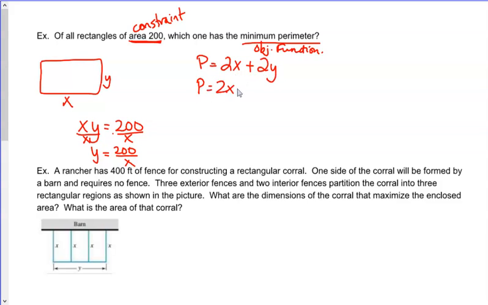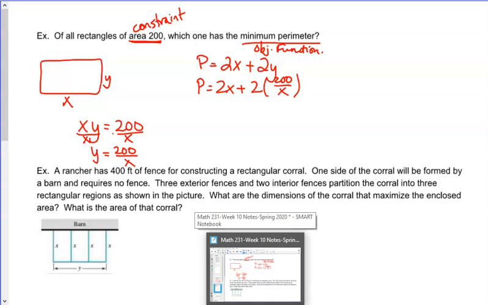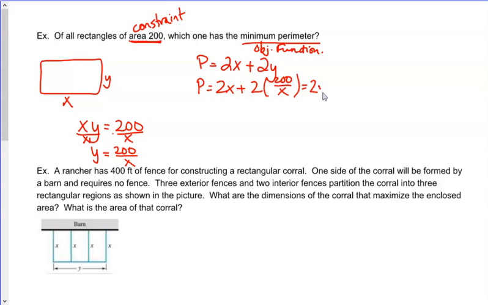That now is what we want to plug in step 4 to get our function in terms of one letter. So we get 2x plus 2 times 200 over x. Now, what is that equivalent to? That is equivalent to 2x plus 400 over x. And in order for me to be able to take the derivative of that, I'm going to rewrite this function now as P is 2x plus 400 times x to the minus 1.